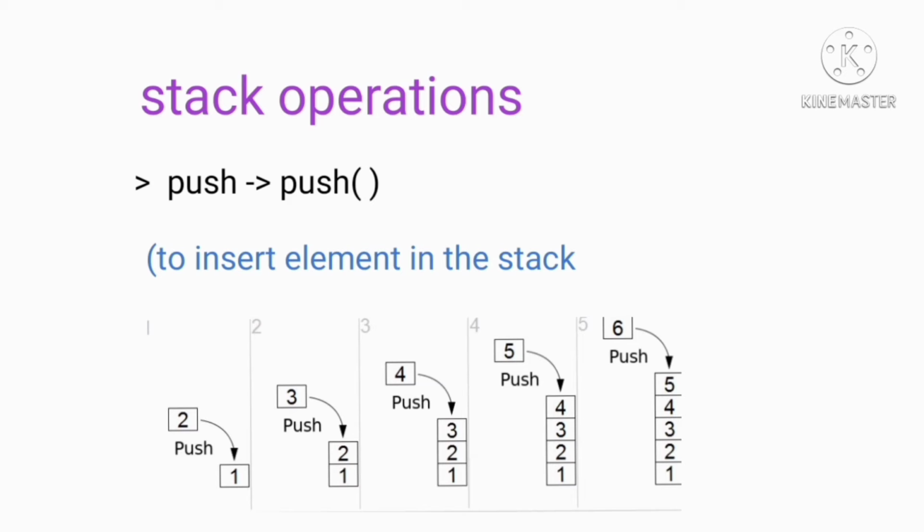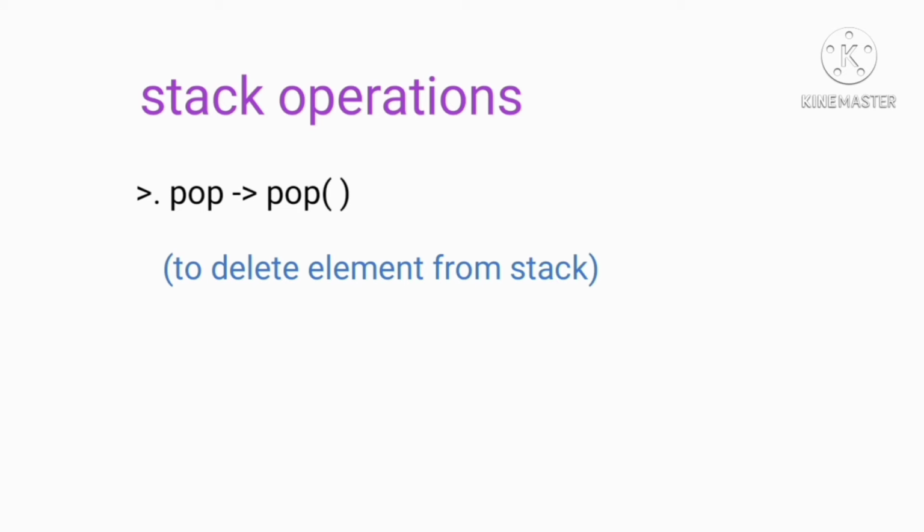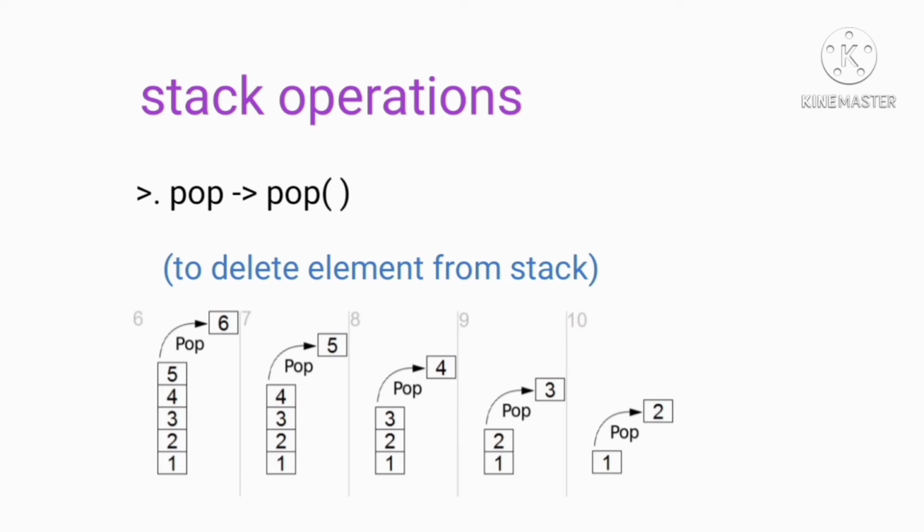Next operation is the pop operation. Pop means delete the element, that is, to delete an element from the stack. For example, in the push operation we add the element. Now in the pop operation we delete the element.